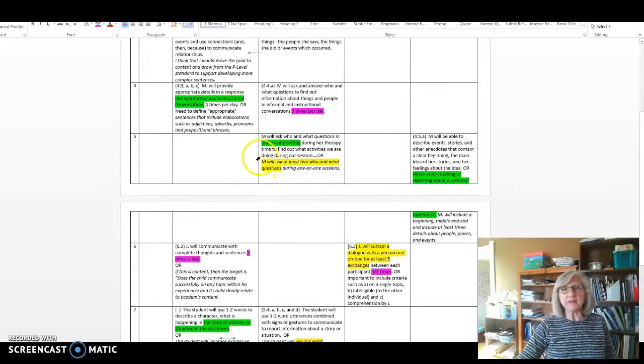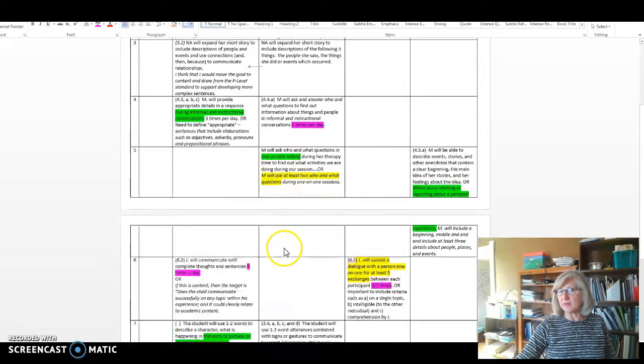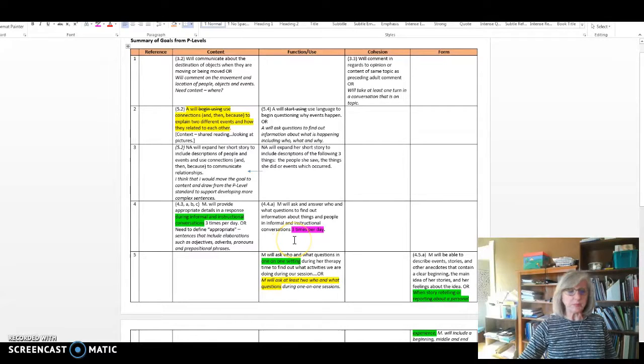And then the third was how would you measure it, or what's your criteria? 3 times per day, 5 times per day, 3 out of 5 times. Some people use percentages, but it's really hard for language, and so I tend to like the 3 times a day, or the 3 out of 5, although I probably would say 5 out of 5 because you want to work towards 100%.